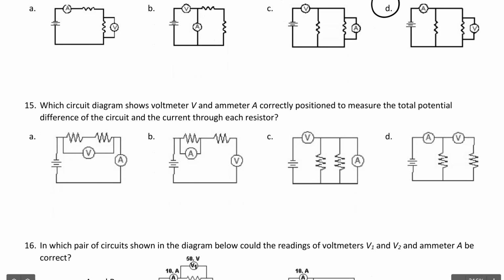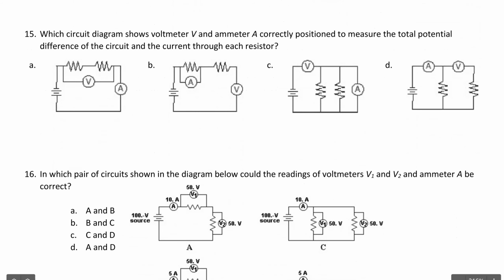Question 15, a similar question. It says, which circuit diagram shows voltmeter V and ammeter A correctly positioned to measure the total potential difference of the circuit and the current through each resistor? So now we're looking for the current through each resistor and the total potential difference. For A, this is looking good. It's measuring the voltage across both resistors, which is going to measure the total voltage drop.